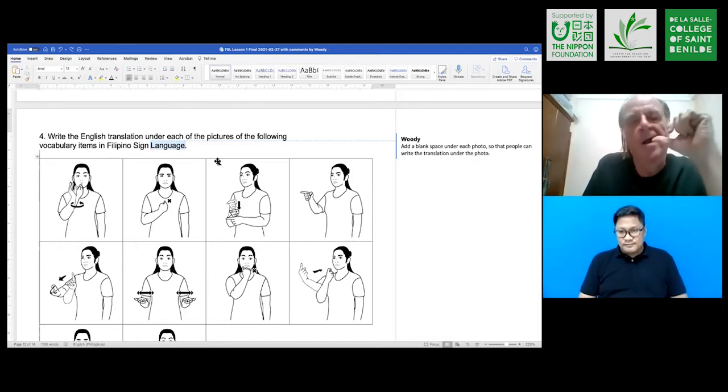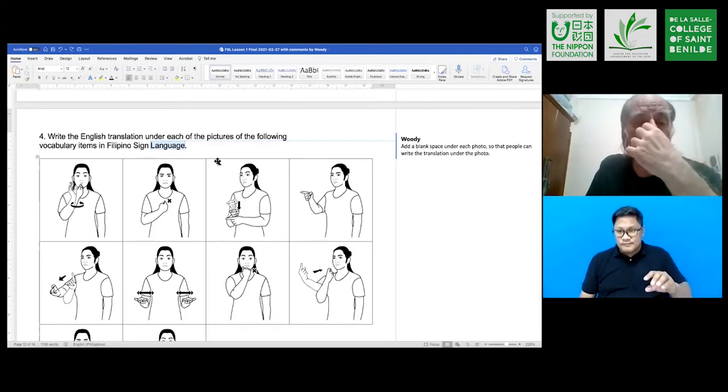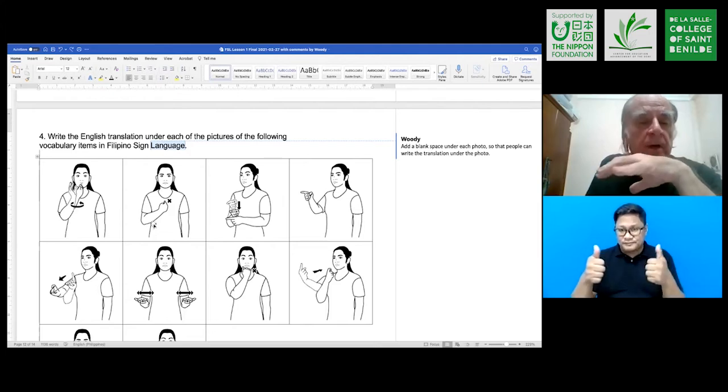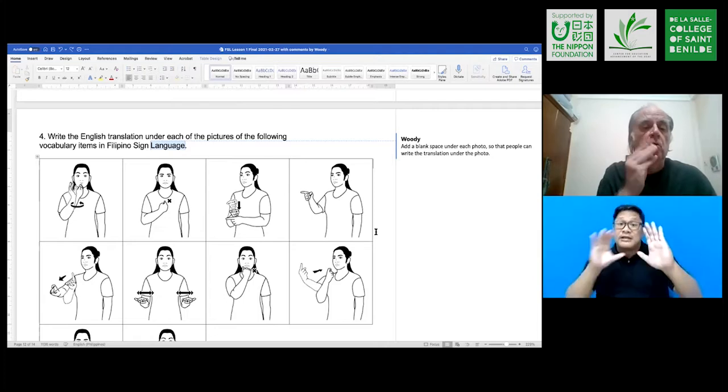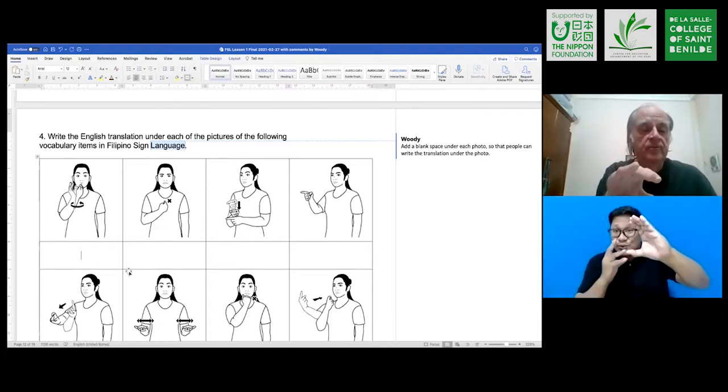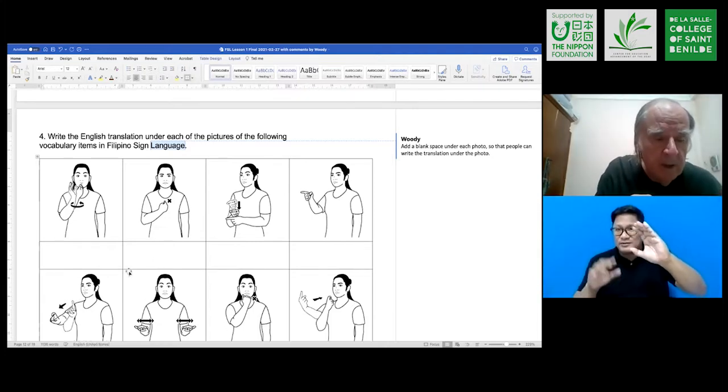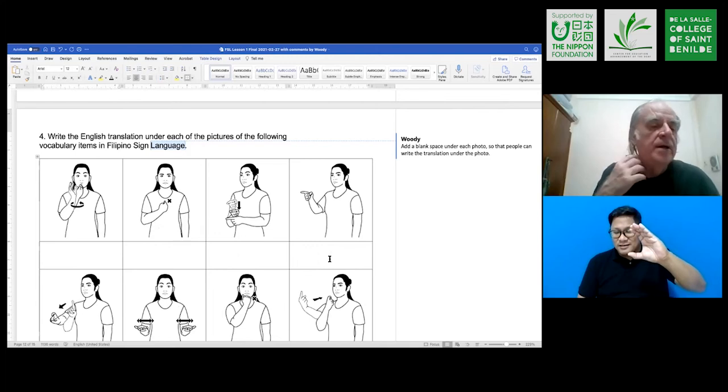Sorry, I'm getting a little bit confused here because we're freezing. Okay, try again. So after the photo for who? Right after the, yeah, I think you got it. You don't need quite such a big space.